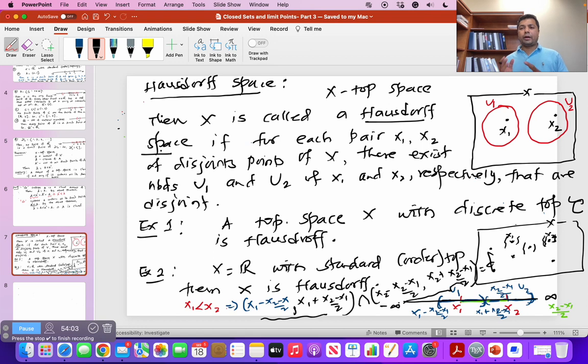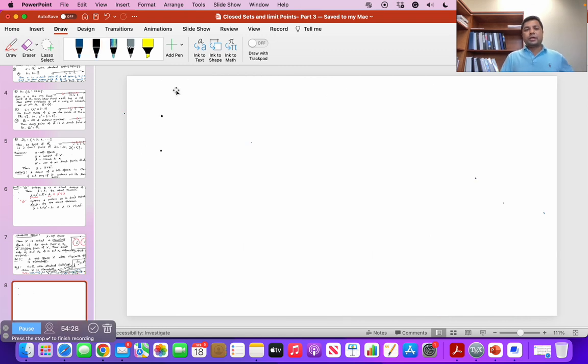So we are able to find two disjoint neighborhoods of the distinct points x1 and x2. Since x1 and x2 are arbitrary points, this property is true for any pair of distinct points in R. So we can say that R is a Hausdorff space under the standard topology.